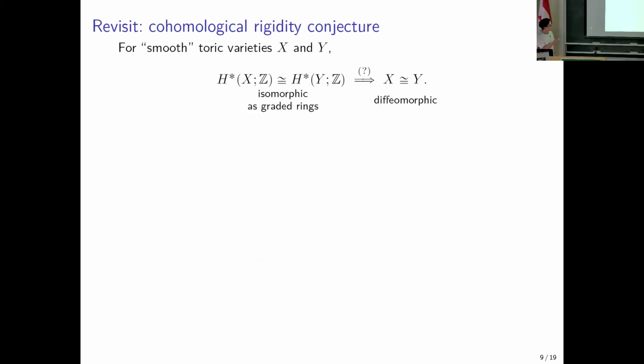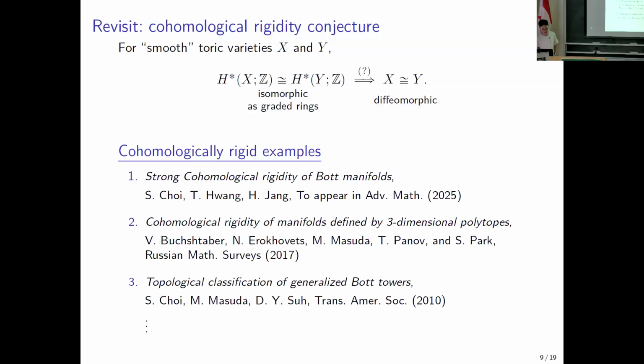So okay, let's look at the cohomological rigidity problem again. If you have smooth toric varieties X and Y with isomorphic cohomology rings, we are asking whether they are homeomorphic or diffeomorphic, and we still have no counterexample. On the other hand, there are many papers supporting this conjecture, this question. For instance, recently we have a paper on strong cohomological rigidity for Bott manifolds. A Bott manifold is a toric manifold corresponding to the product of n one-simplices, an n-cube.